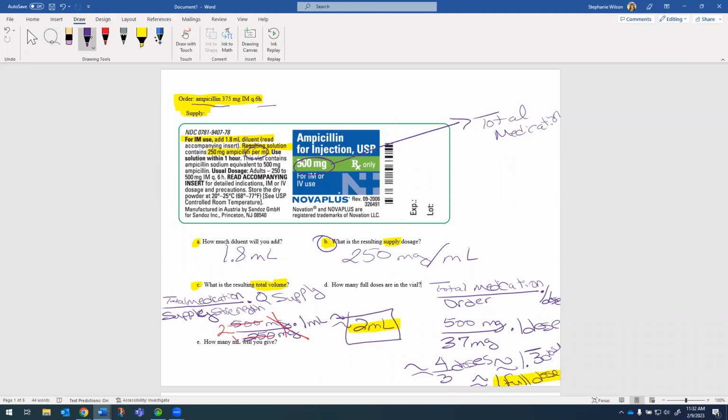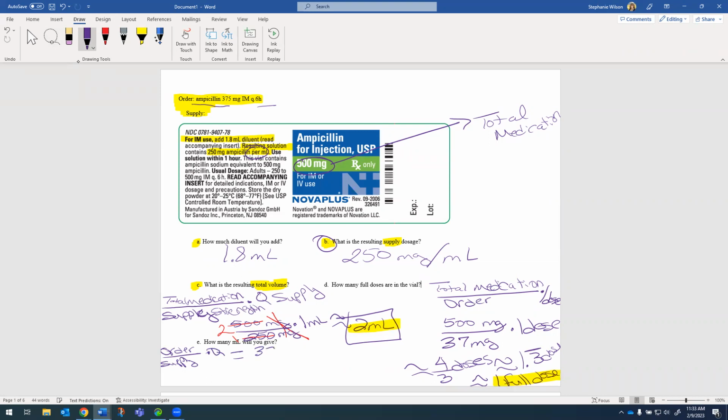All right. E says, how many milliliters will you give? Okay, this is just a regular dosage calculation. We are going to take our order, divide it by the supply, and you can call it the supply strength if you want, times the quantity from the supply.